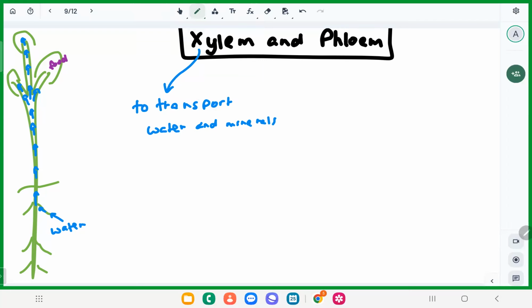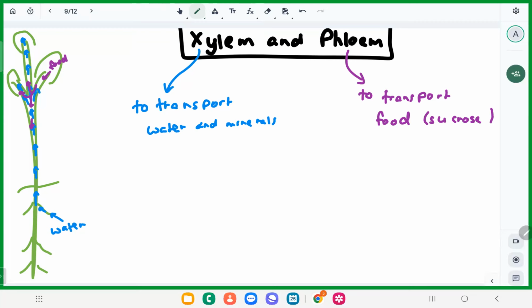When a plant produces food, this food too needs to be transported to different parts of the plant. The transportation of food takes place through the phloem tissue. The function of the phloem tissue is to transport food, and food is typically transported as sucrose.